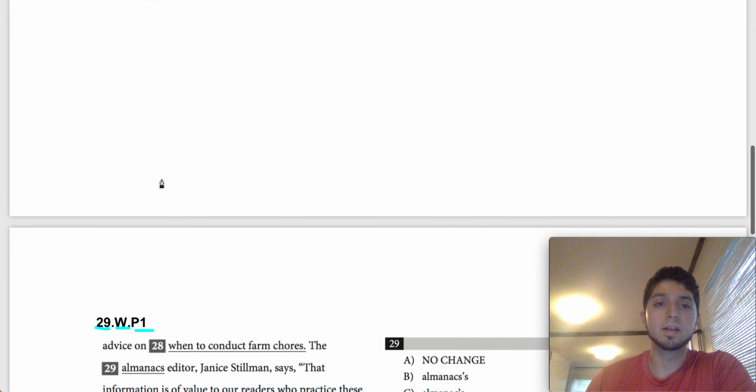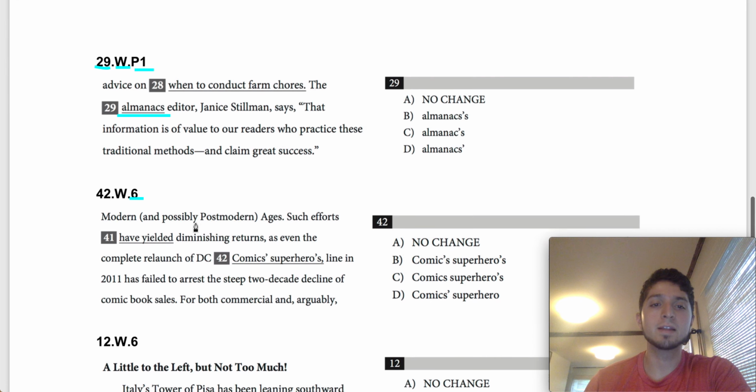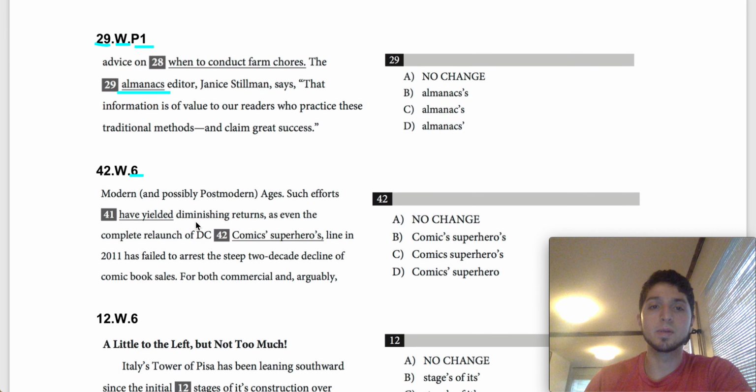So let's look at a couple examples of how to solve this. This is question 29 from PSAT 1, and this basically says "the almanac's editor, Janice Stillman," etc. So we have to figure out almanac's. A lot of these sometimes are actually not possessive at all, or you have to figure out what is possessive.